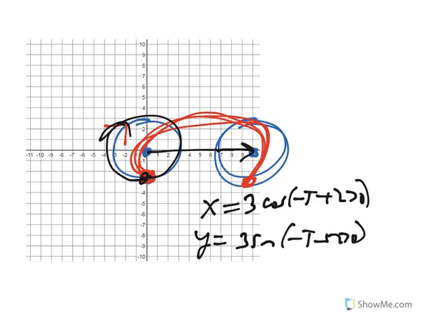In order to make the center go to the right, keep in mind the y value of the center does not change. It's always 0, so I don't need to do much there. But to make the center go to the right, I have to add t over 360, which is kind of like a percentage, times, in this case, 10. That's it. What that will do is move the center of the circle. It will start off at x equals 0, and after 360 degrees, after one full revolution, it will go to 10.